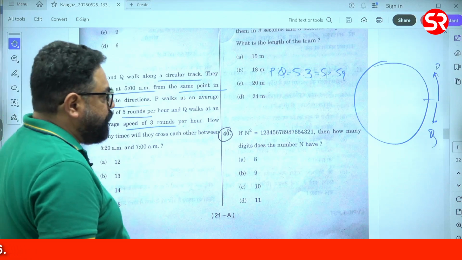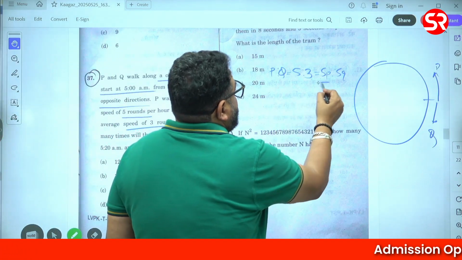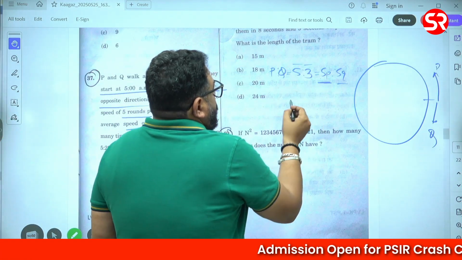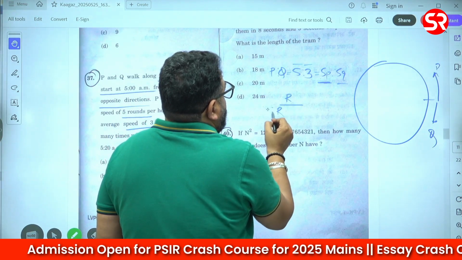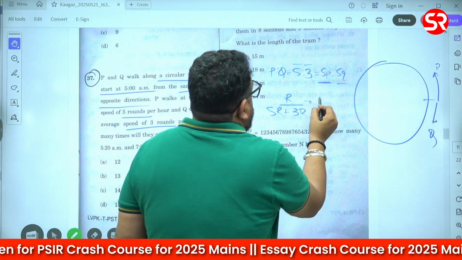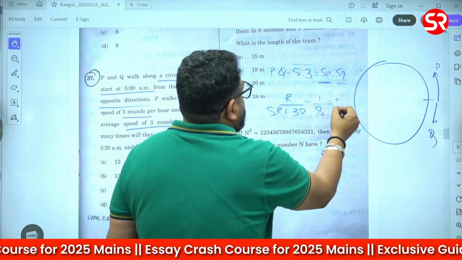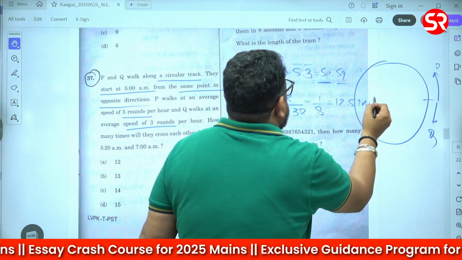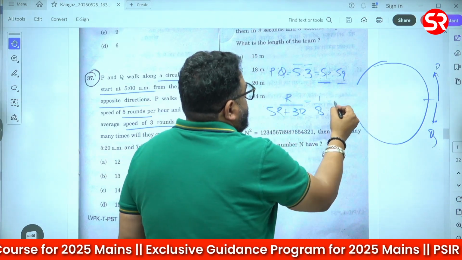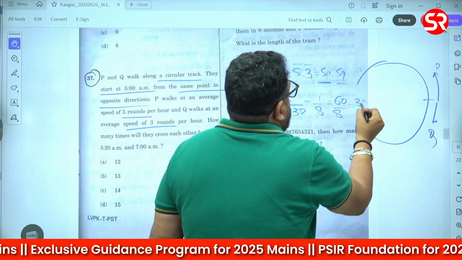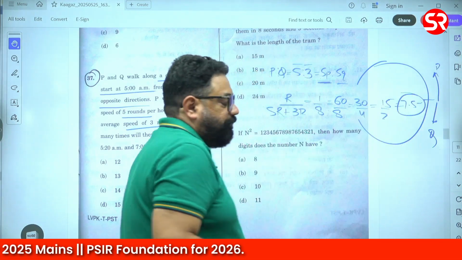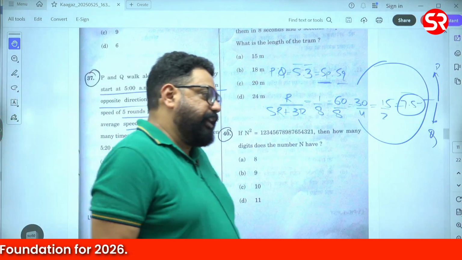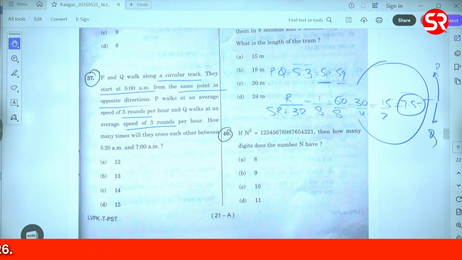If we take 5 for this and 3 for this, and circumference is r, then r times 5 and r times 3, it is 1/8, which is by 8 guys, 30/4, 15/2. They would meet after every 7.5 minutes. Sorry, after every 7.5 minutes.